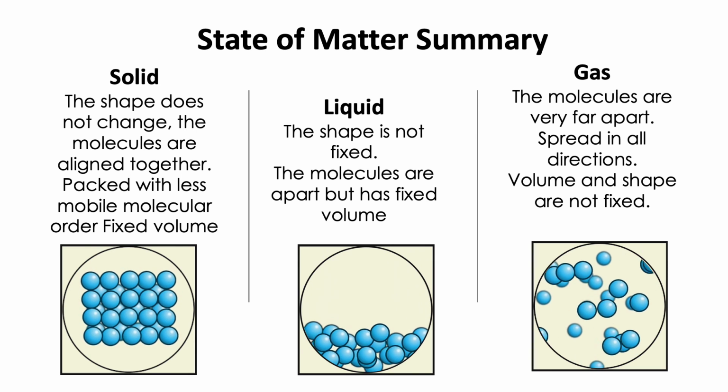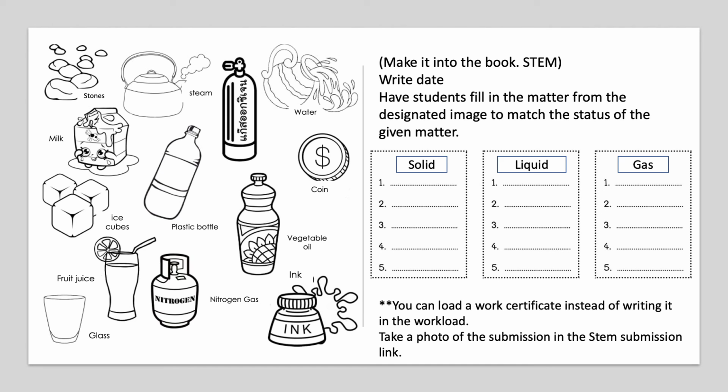Very good. Good job. So for your activity today, you are going to group these things according to their state of matter. Just look at the picture and then write the name of the picture in every state of matter in the box.